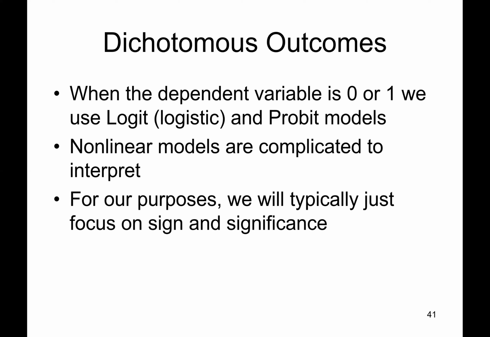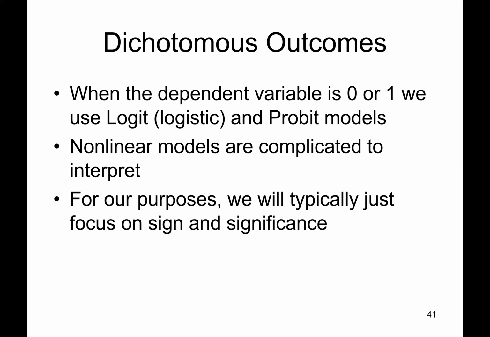These are called nonlinear models. They're just 0 or 1, so they don't follow a nice normal distribution, which makes them a little bit difficult to interpret. And I'm not going to ask you to try to do that in any great detail.